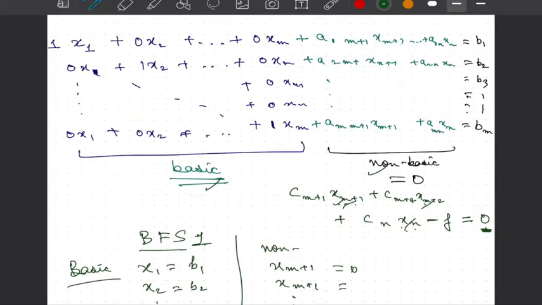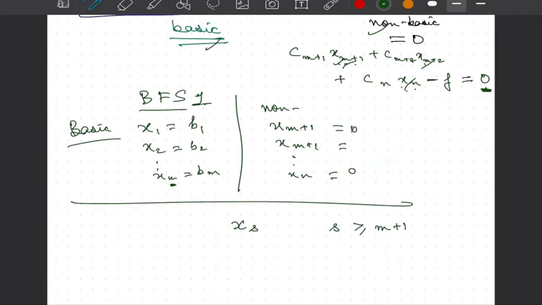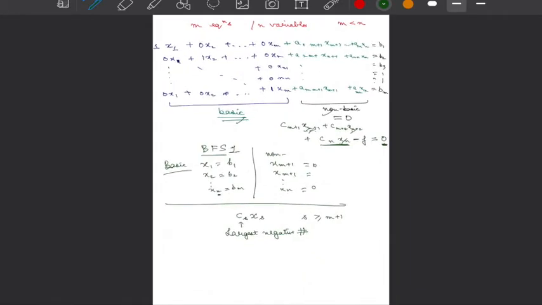We will select a variable to become non-zero, and x_s should be selected in a way that when we look at the objective function, this coefficient c_s should be the largest negative number, and that would ensure that our improvement in solution is the best.